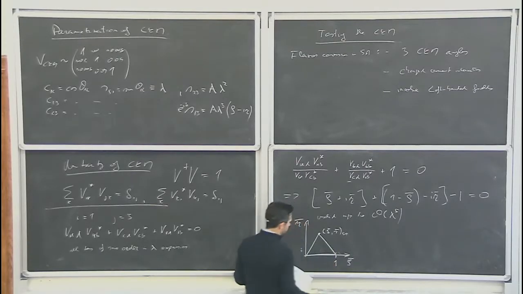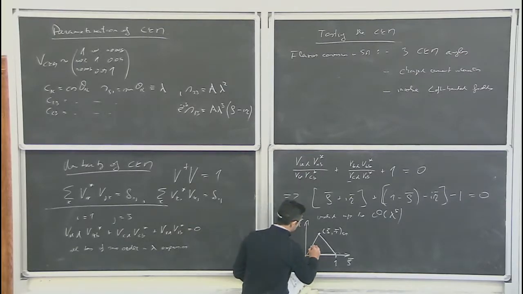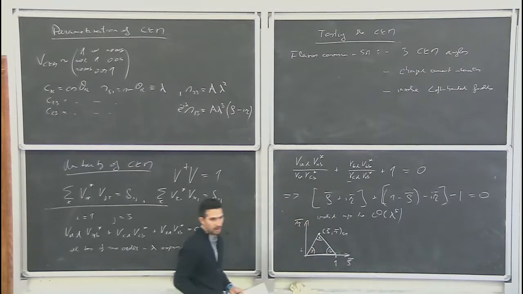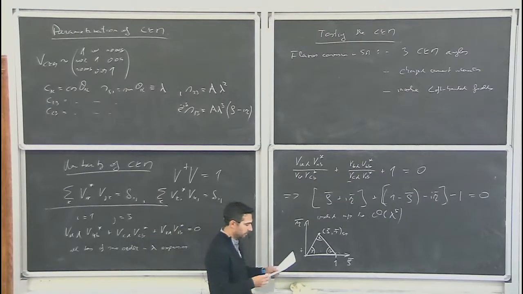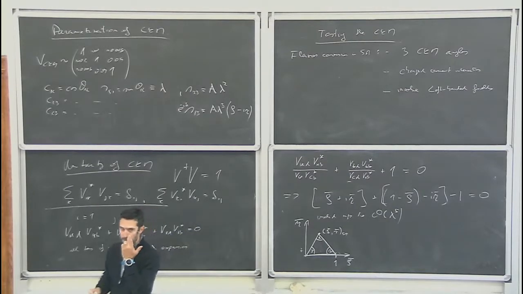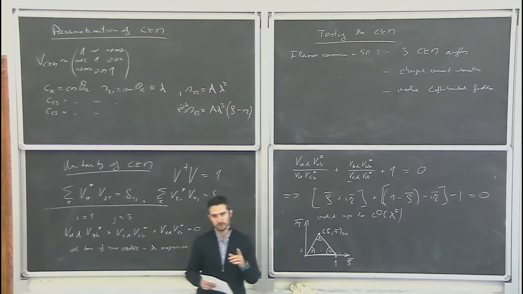Now, in this triangle, there are several quantities that are observable and measurable, and these are the angles of the triangle, which are conventionally defined as alpha, beta, and gamma, or phi 1, phi 2, phi 3. And remember, there are two ways to parameterize it in the literature, either with alpha, beta, gamma, or phi 1, phi 2, phi 3.